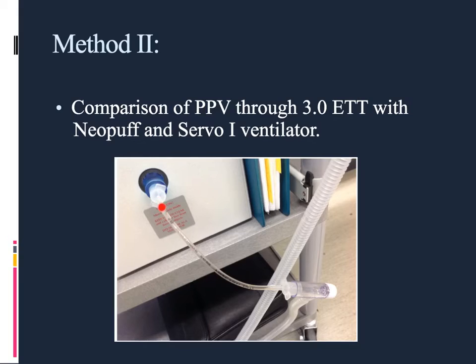We can give positive pressure breaths, and eventually I'll show you some data where we look at spontaneous breathing. So now we're going to compare positive pressure ventilation through a 3.0 endotracheal tube with the NeoPuff, and just as a comparison, I was looking at it as compared to the servo i ventilator.